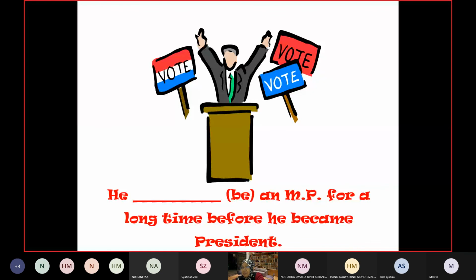Had been apa? Yes, correct. He had been an MP for a long time before he became president. MP, so means that's... I forgot what does it mean. I don't know what does it mean, MP.